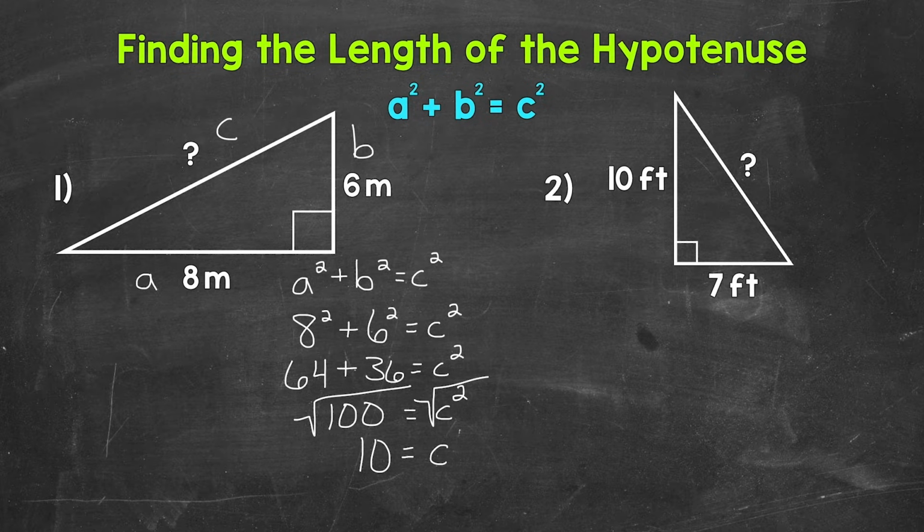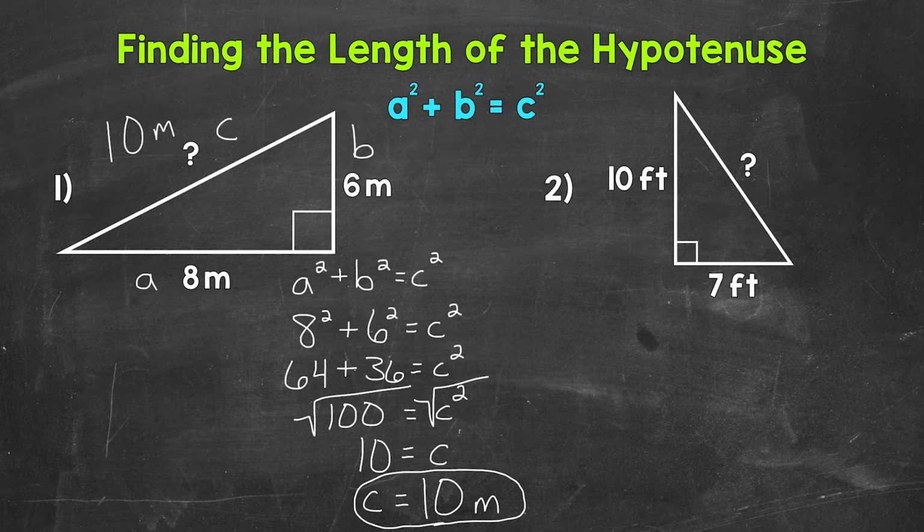So c equals 10. Let's rewrite that with c coming first. So c equals 10, and this is meters. So the hypotenuse measures 10 meters, and that's our missing side length.